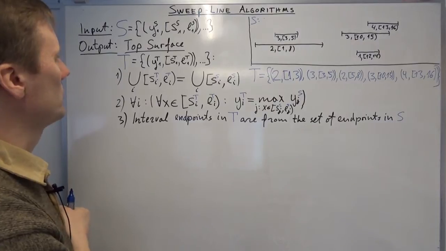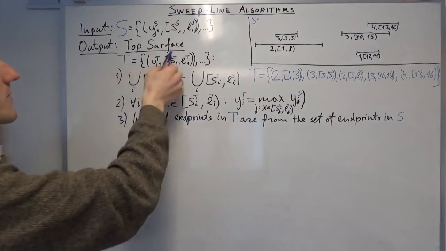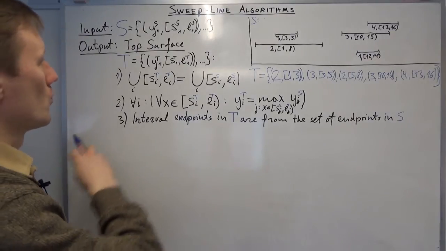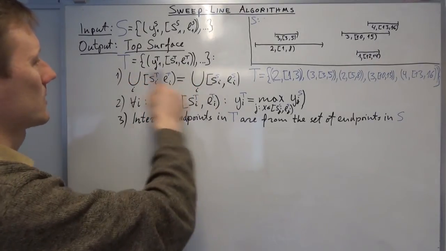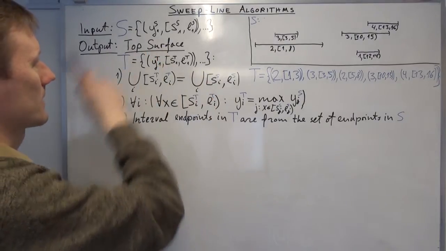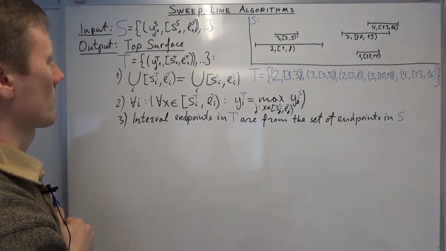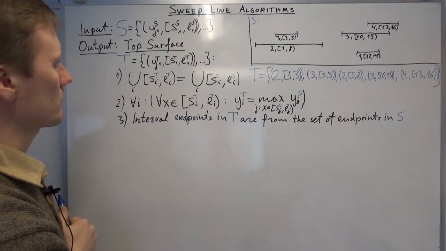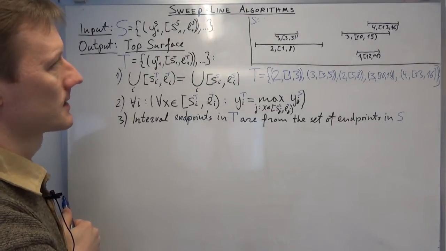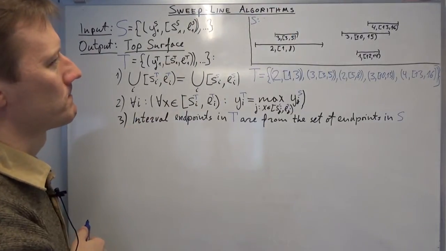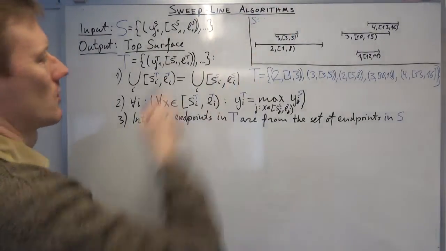What we want to compute is something we call a top surface, which is again a set of intervals, exactly the same format as the input, but that represents the topmost surface of these intervals.